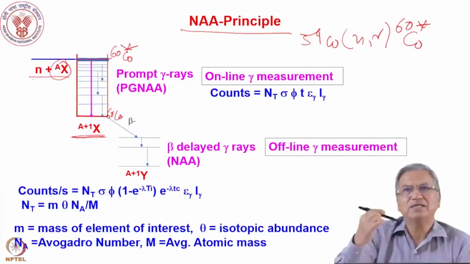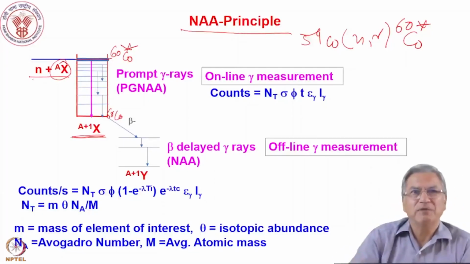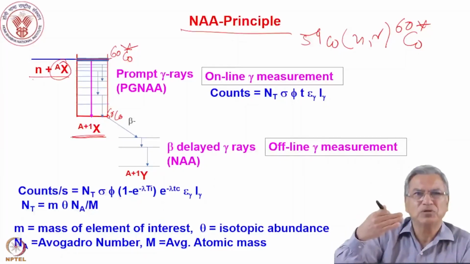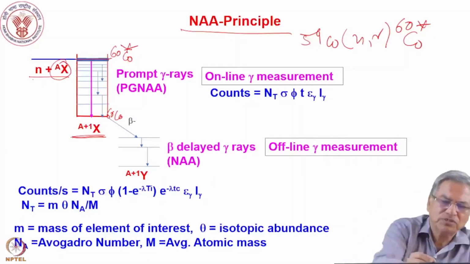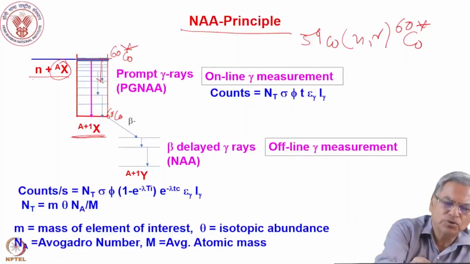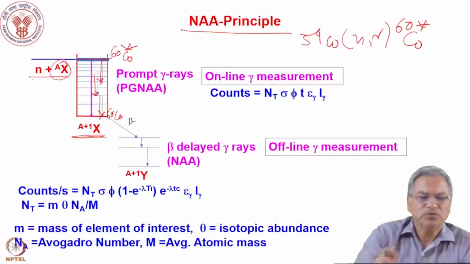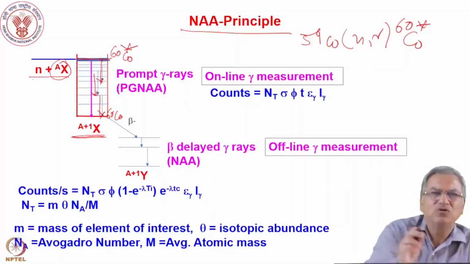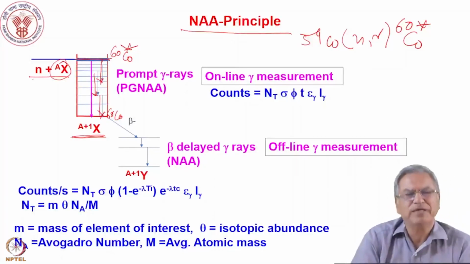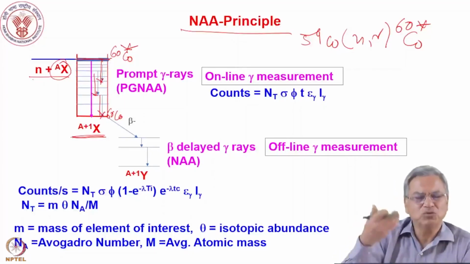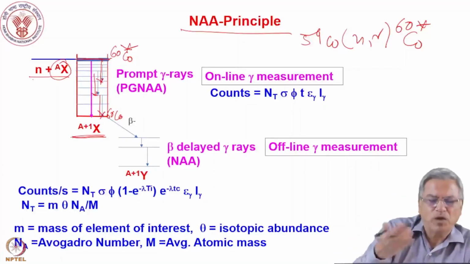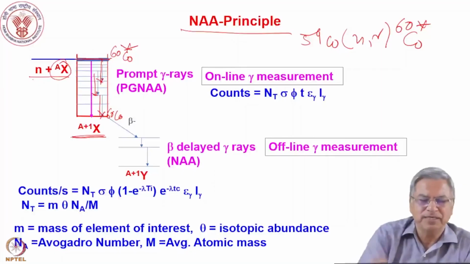So this excited cobalt 60 nucleus, having excitation energy of about 7 MeV, will first emit gamma rays. These gamma rays that are shown here are called prompt gamma rays, because the excited state will de-excite by gamma ray emission within picoseconds. So very quickly, within picoseconds, either one or several gamma rays may be emitted.